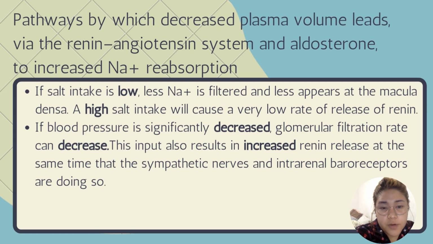And if blood pressure is decreased, the glomerular filtration rate is also decreased. And this will decrease the tubular flow rate such that less sodium is present to the macula densa. So this input also results in decreased renin release at the same time that the sympathetic nerves and the intrarenal baroreceptors are doing so.